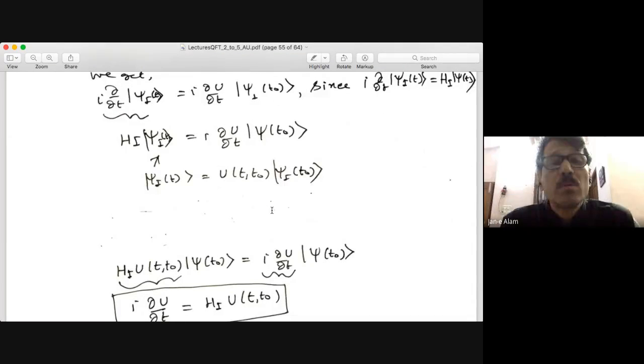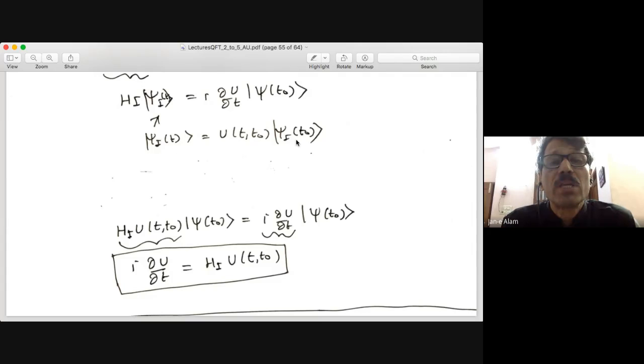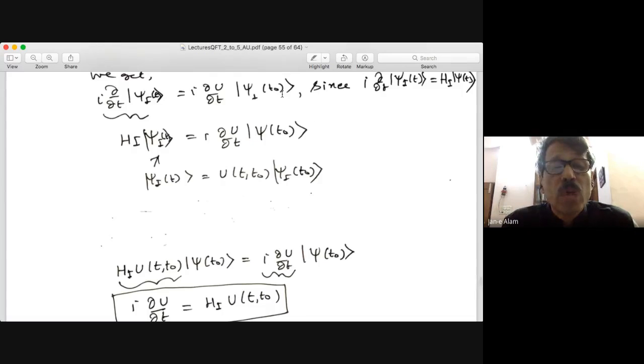This is how we have now got the evolution equation in the interaction picture. Now we can write this psi, which is at time t, by replacing psi I(t) with the operator U and psi at t naught, right? Why am I doing that? Because on this side I have psi at t naught.